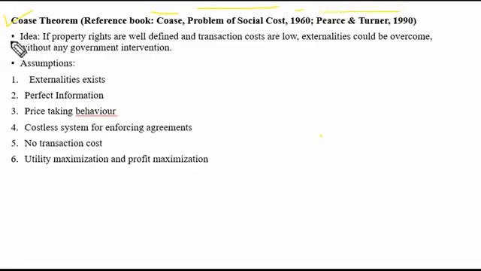The idea of the Coase theorem is that if property rights are well defined and transaction costs are low, then externalities could be overcome without any government intervention. So it overcomes the problems faced by earlier economic theories that there needs to be government intervention. This theory says that no, it is not required.